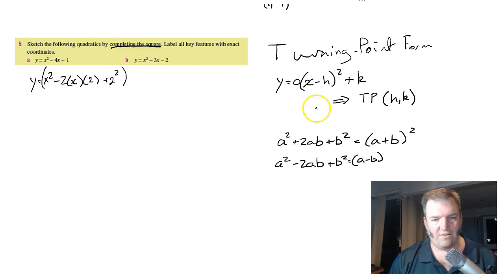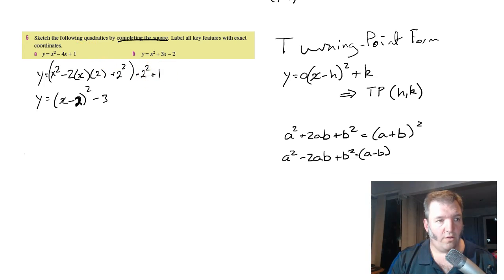I've got something in the form that I wanted over here, a squared minus 2ab plus b squared. But I cheated by adding on 2 squared, so I have to subtract the 2 squared, and I've still got that plus 1. So, still got that plus 1, which made it the negative 3. So there we go. We got y equals x minus 2 all squared minus 3. That's what it simplifies to.